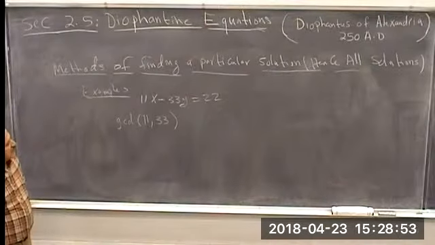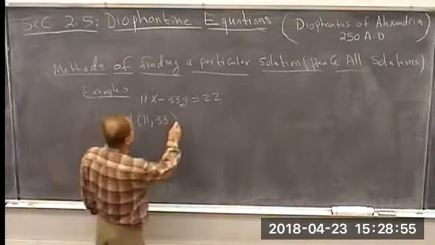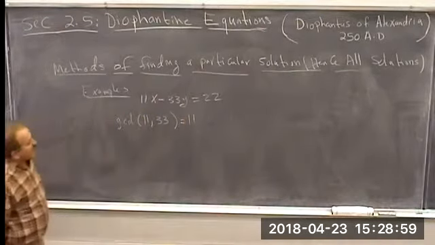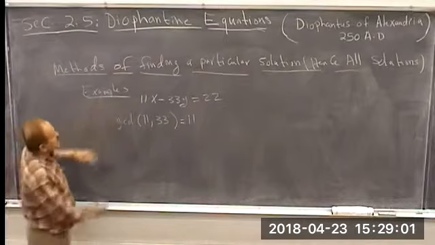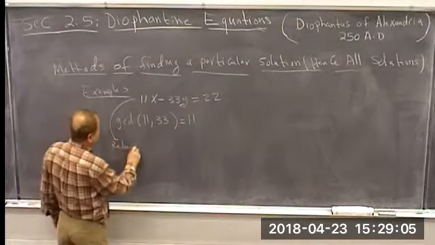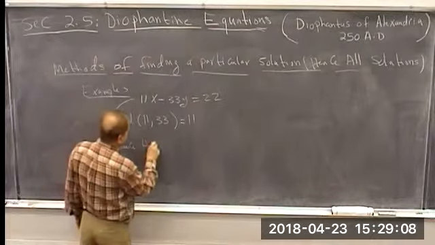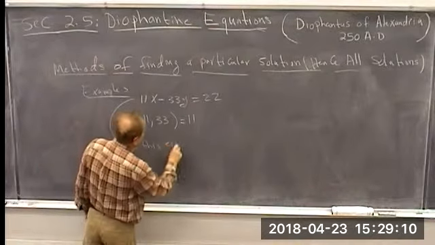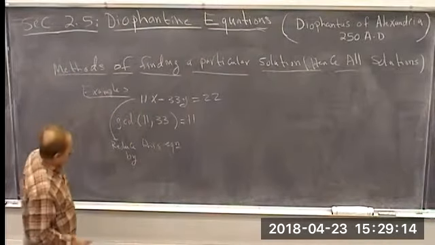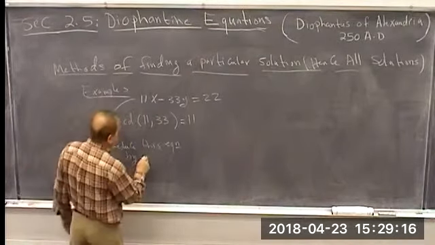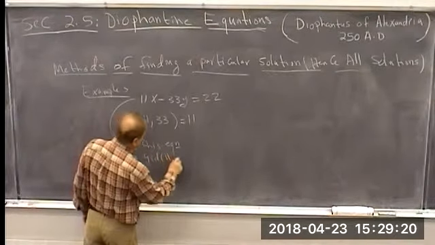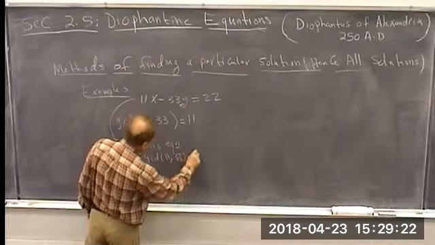So we know this is equal to 11, right? Now, we can actually reduce this equation by dividing by the greatest common divisor of 11 and 33, which happens to be 11, and this is where the corollary becomes crucial.